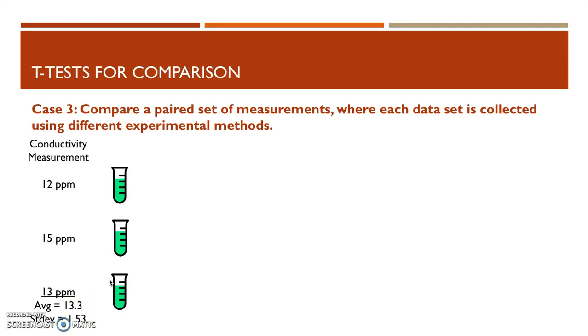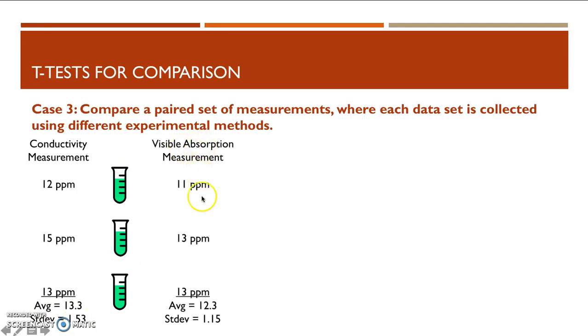Your lab partner, however, is going to collect a visible absorption measurement on the exact same 3 samples. These 2 measurements are very different measurements, but you need to know if these 2 answers, the averages, are statistically similar or not.